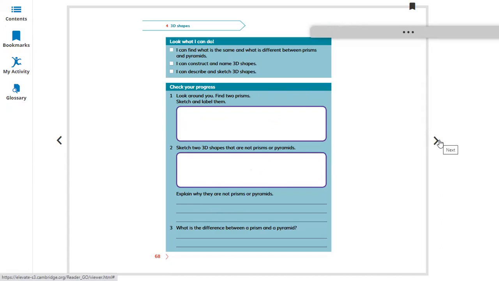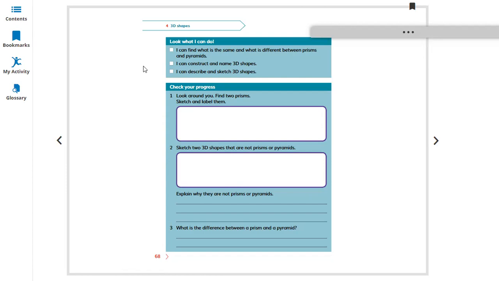Okay, check your progress. Look around you, find two prisms, sketch and label them. So any shape that is a prism has flat surfaces, like a cuboid, like a cereal box. So you can make here any shape which is around you. The second, also sketch two 3D shapes that are not prisms or pyramids.